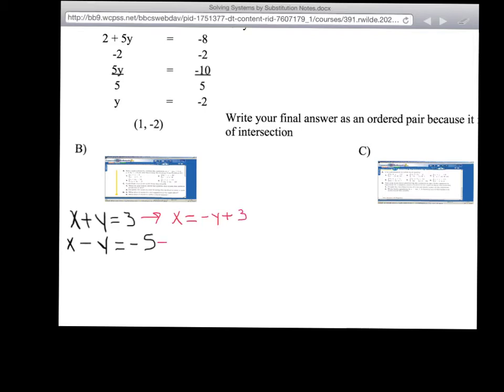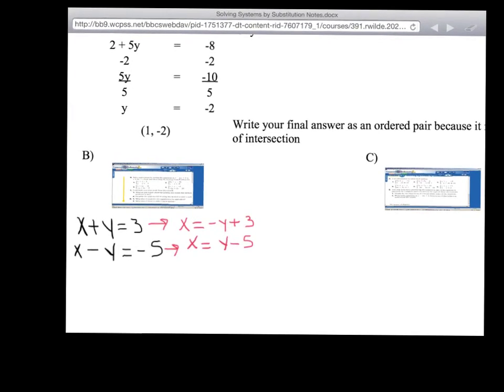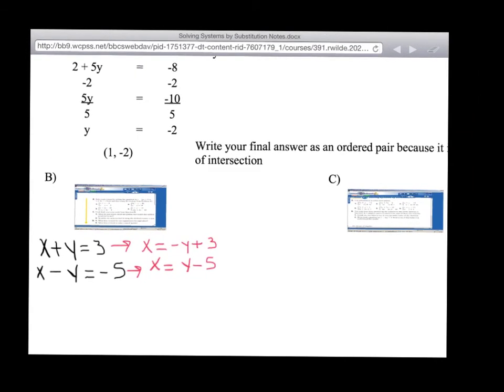This second one, I'm going to rewrite as x equals y minus 5. I chose to translate them this way because I have x by itself here, and the two x values equal each other, so all I need to do is set this equation equal to this one.